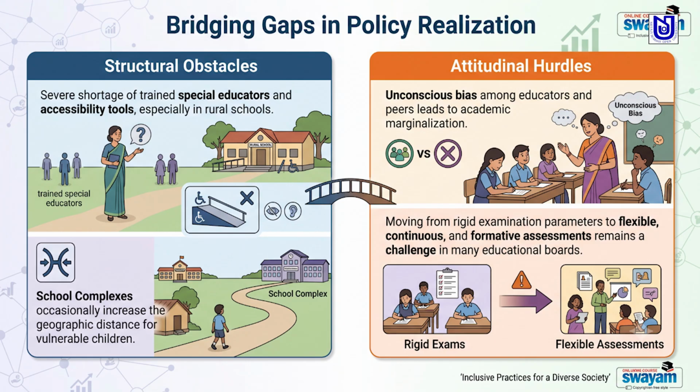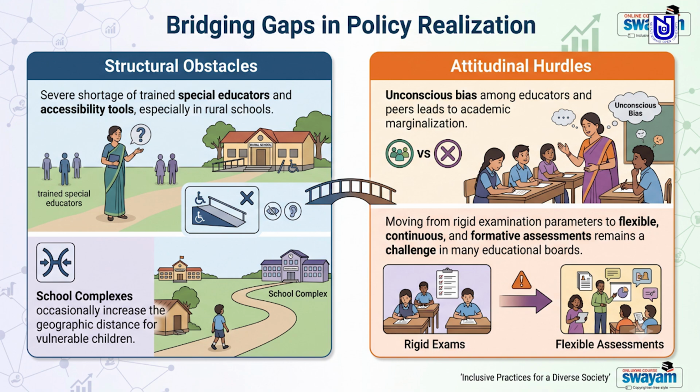Not only structural obstacles, but also the attitudinal shifts need to happen. The unconscious or subconscious bias among educators and peers leads to academic marginalization, which can be overcome through proper sensitization.